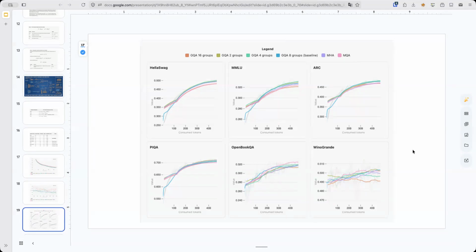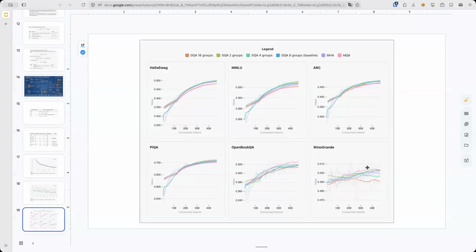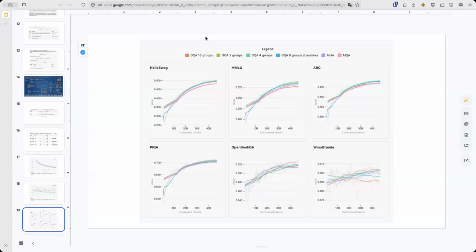Also, Winogrande, whatever that is, shows some weird behavior where multi-query attention behaves differently. These are aggregates across multiple runs, and we can see a lot of noise in these benchmarks. In the benchmarks where we have much less noise, we have consistent behavior where multi-query attention, the orange line here, and also grouped query attention with high ratio perform worse.